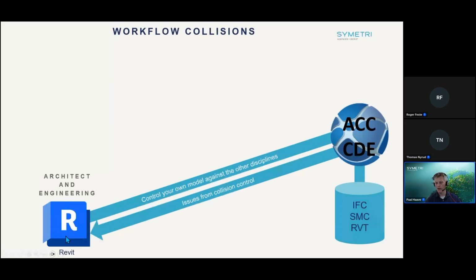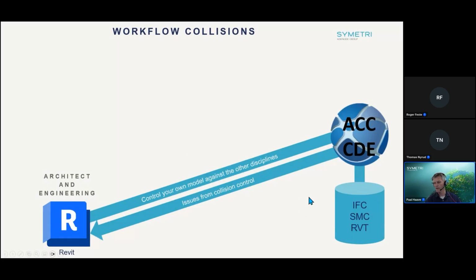You can push on the issue and you go directly into the model. You can correct it. And by following this workflow, you will have fewer collisions and issues in the project in general, because you are correcting it during your job in Revit. So this is quite a good workflow.